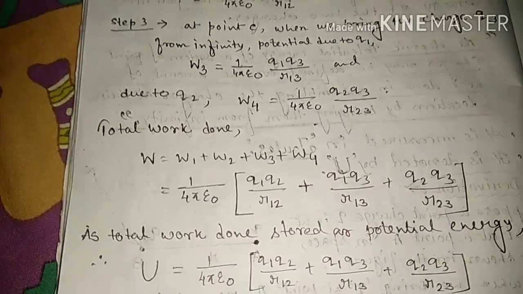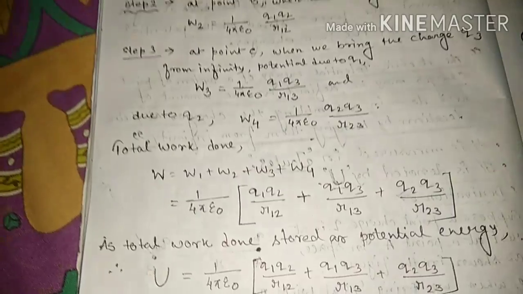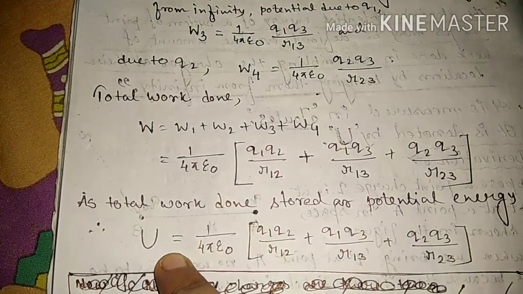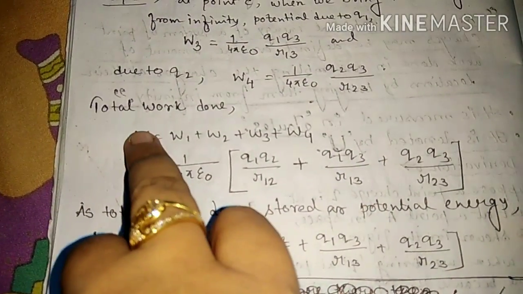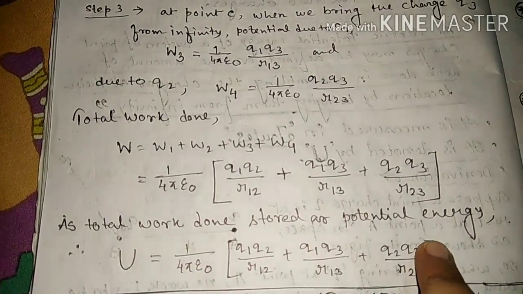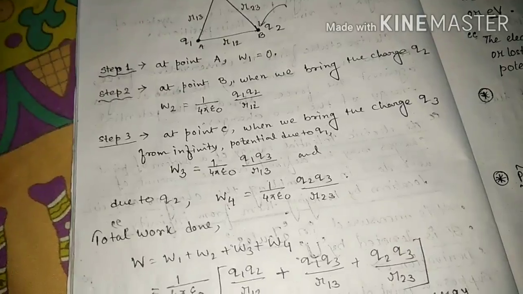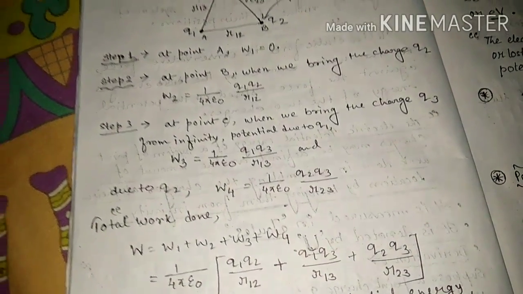And we know that the total work done is stored as potential energy inside the system. So U equals 1 by 4 pi epsilon naught times this. Understand? This is for three-body charges. Clear?